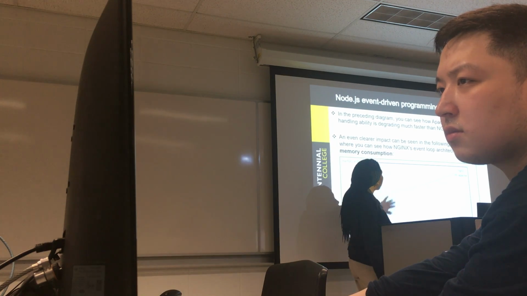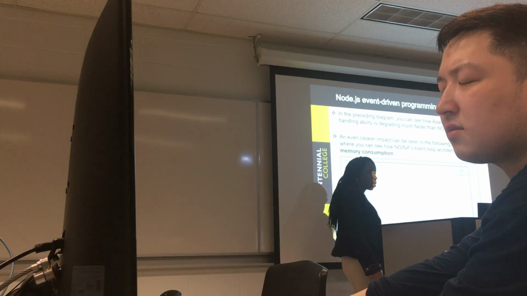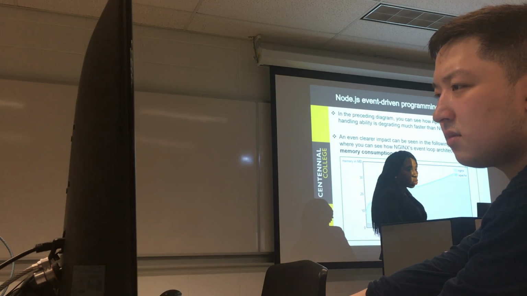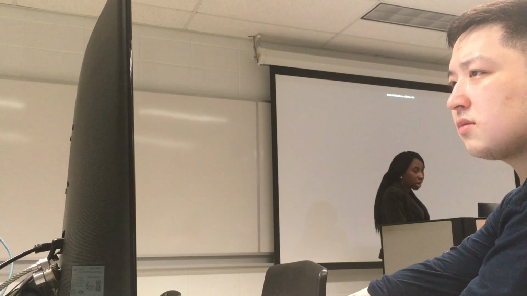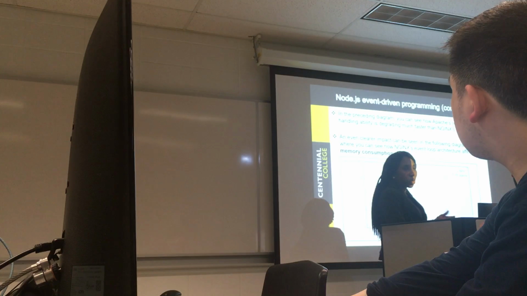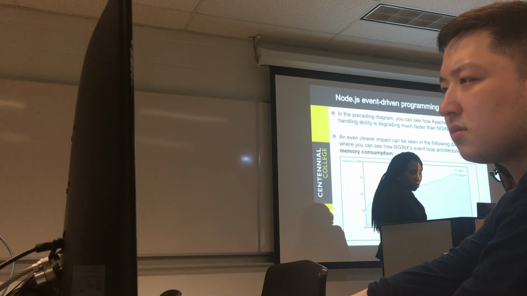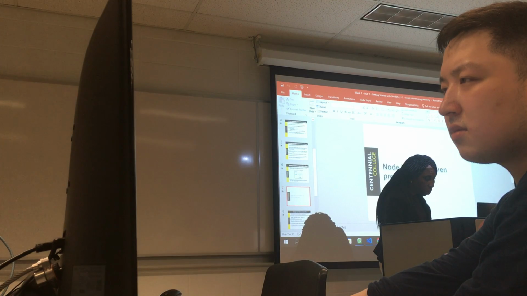You also see that the Nginx event loop will affect memory consumption. That's why at times when you are launching your application, you encounter a delay, right? So most of us are using that LAMP architecture.